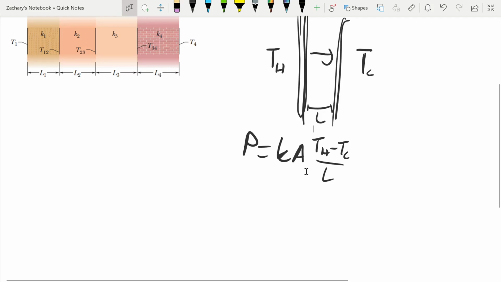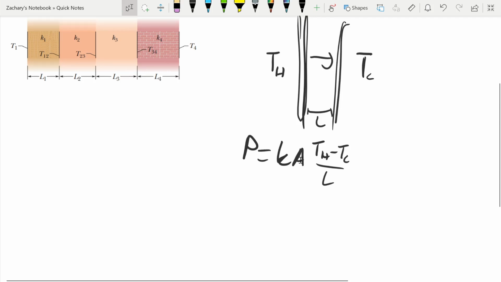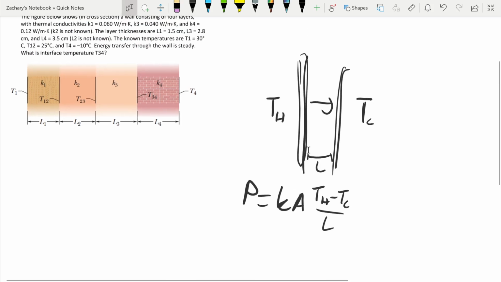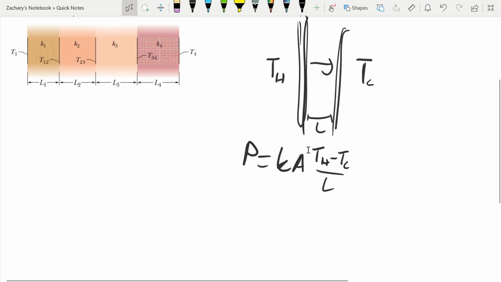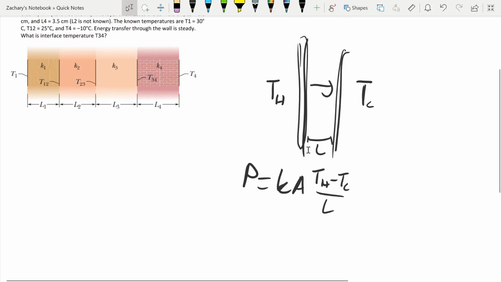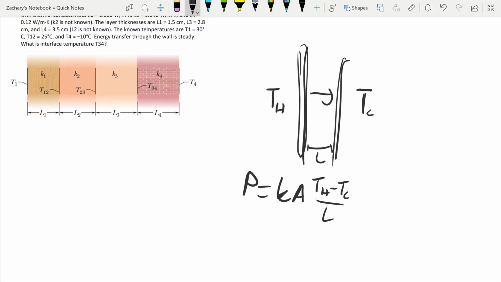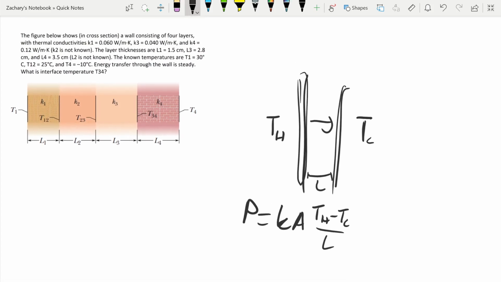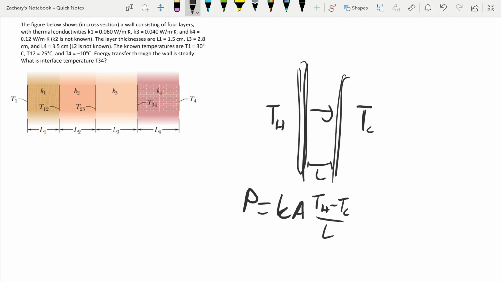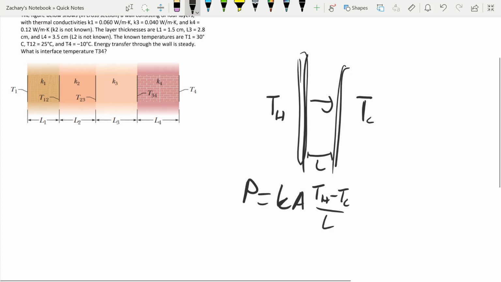Now we can literally just apply this formula to the problem. It tells us that the energy transfer through the wall is steady, which means that through each of these slabs, this P is always the same. So the problem writer is not telling us K3, K2 or L2 because it doesn't really matter. We can just compare the transfer through L4 with the transfer through L1.